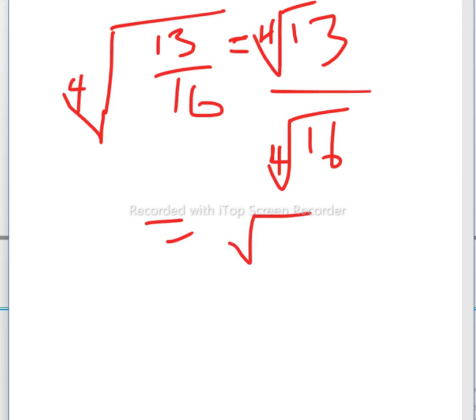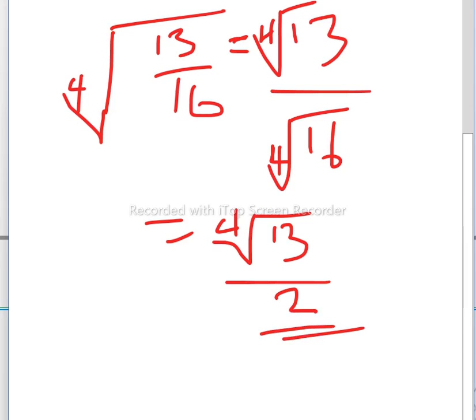So we can write it simply already. There is no need to rationalize the denominator, because the 4th root of 16 is 2, and the quotient is not a square root or any root, so we can leave it like this.